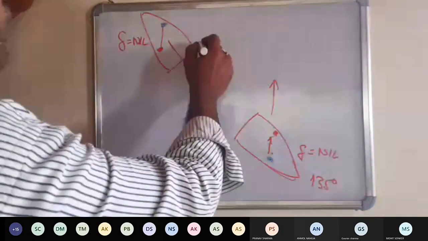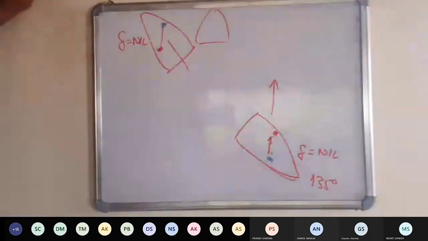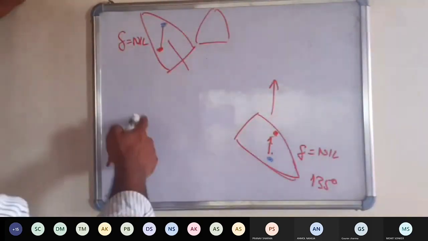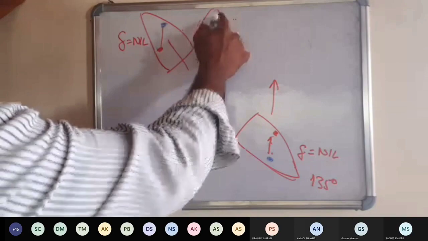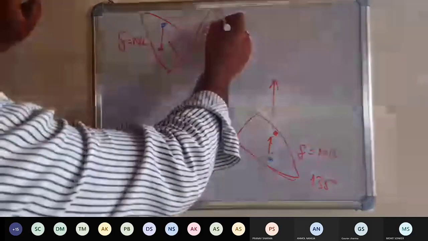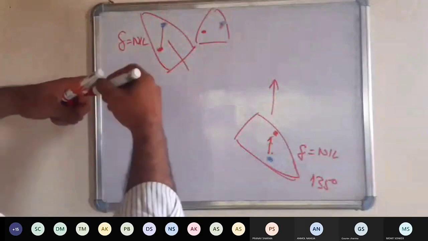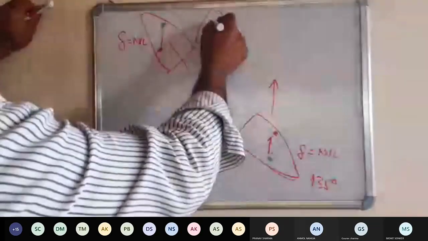What happens if she is going on a northerly course? The red is here, blue is here, the compass is like this.